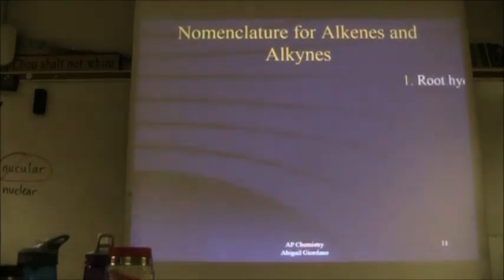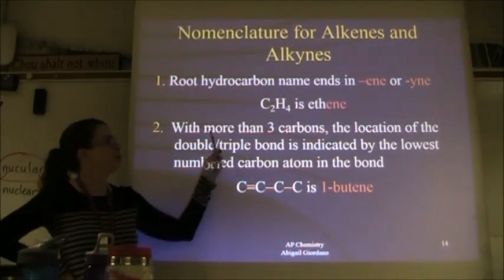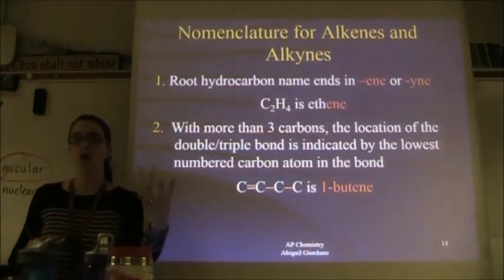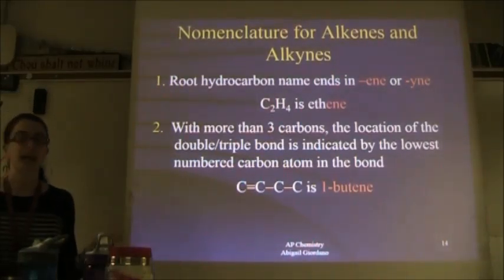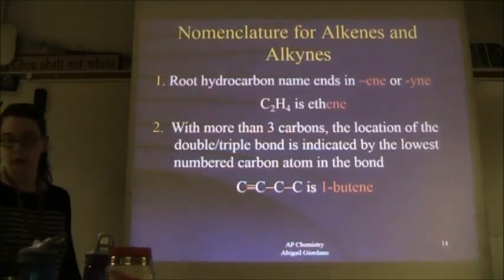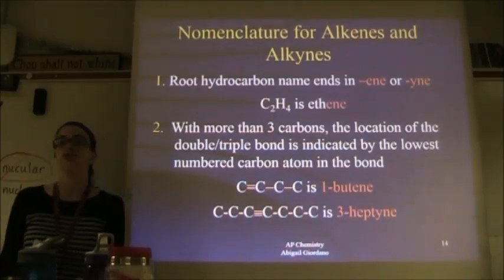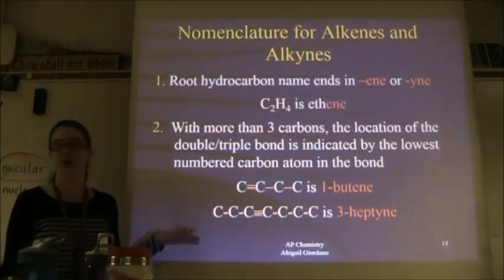So the rule actually is, if your carbon chain has more than 3 carbons, so 4 or more, then you need a number to indicate where the double or triple bond is located. If it's 3 or less, then you don't need a number. Okay, so those are just some other examples.